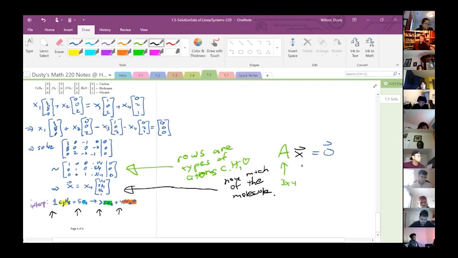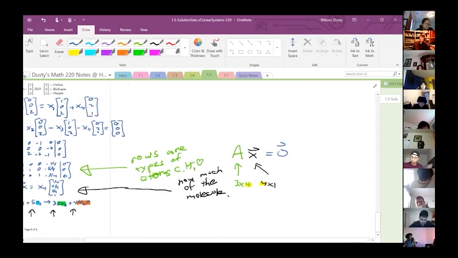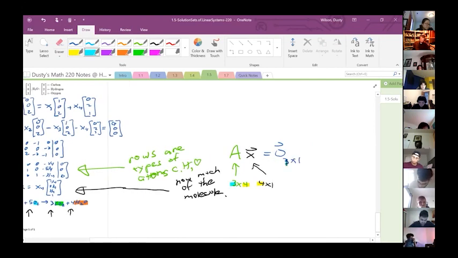Our x vector is 4 by 1. The middle dimensions match, and our result is going to be 3 by 1. Yeah, x4 is free.